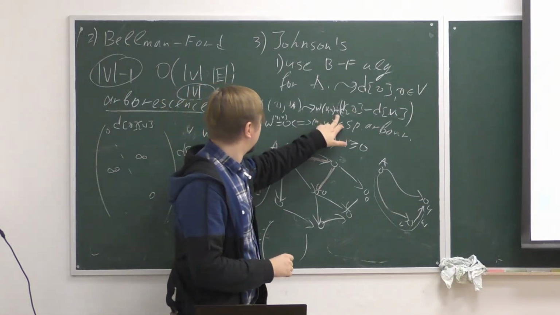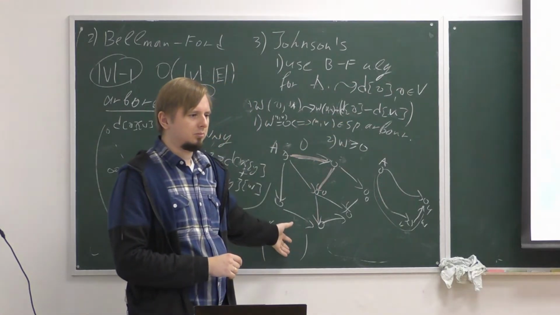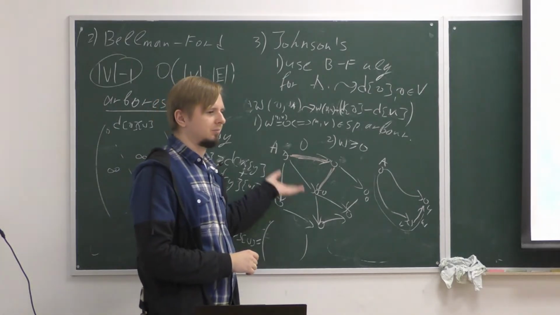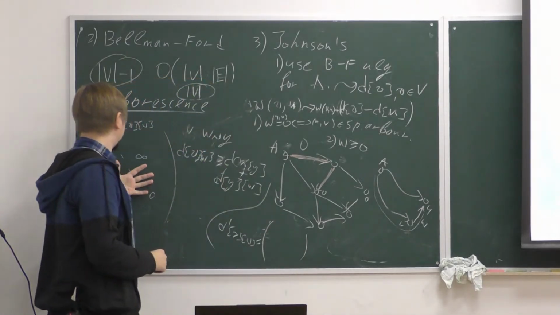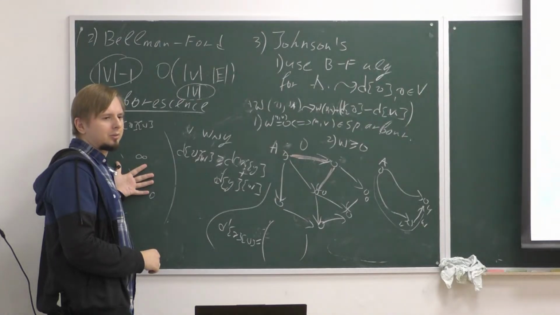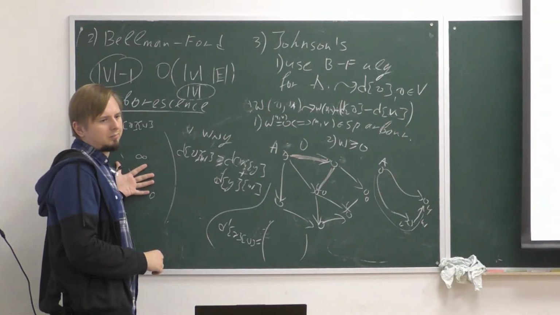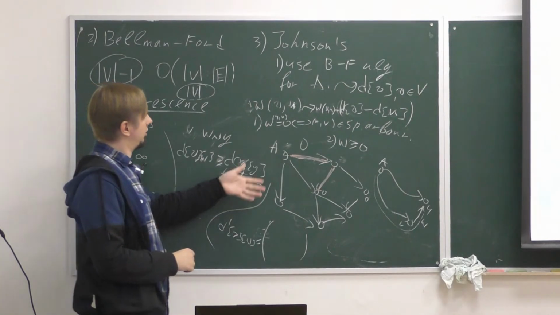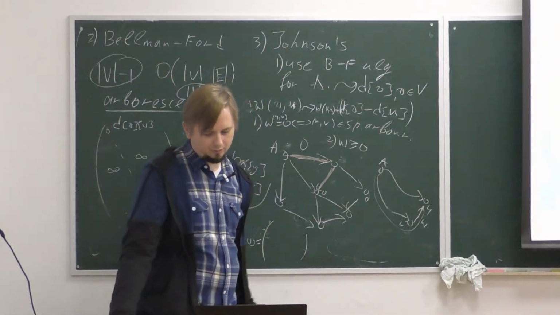So here you subtract and then you add, and you will have the shortest path matrix for all pairs. This is all about those two.